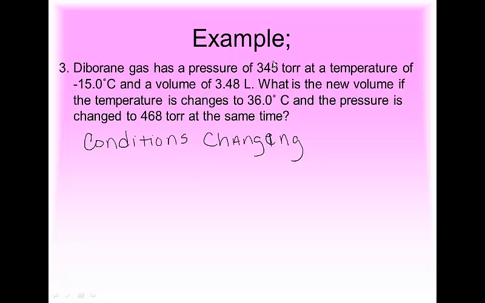I have pressure, temperature, volume, the first set of conditions. Looking for new volume, temperature change, pressure. The only thing that's held constant is the n. They do not add more gas to this sample, so constant number of moles.